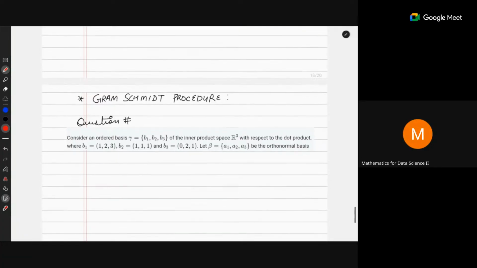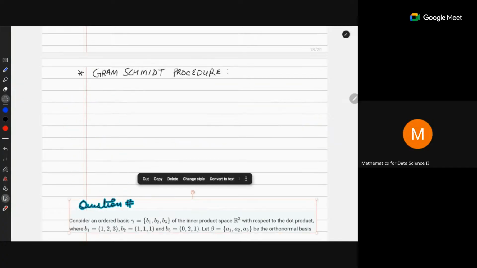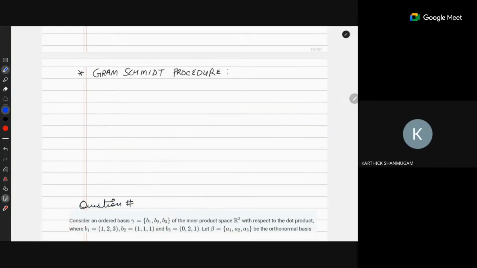Okay, now why Gram-Schmidt process? Let me write what it does. You can think of the Gram-Schmidt process as a machine that takes a linearly independent set and converts it.